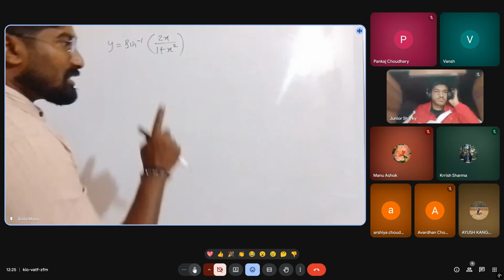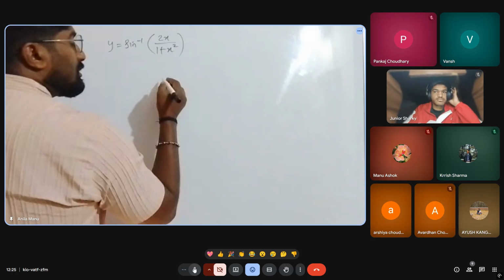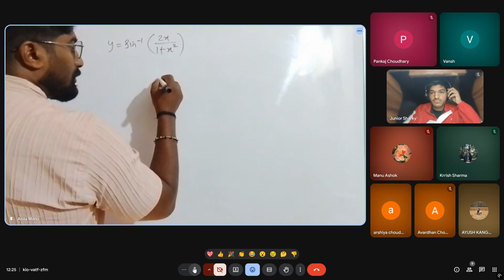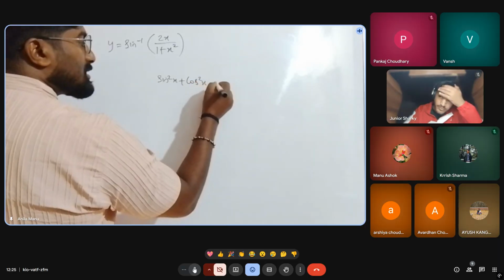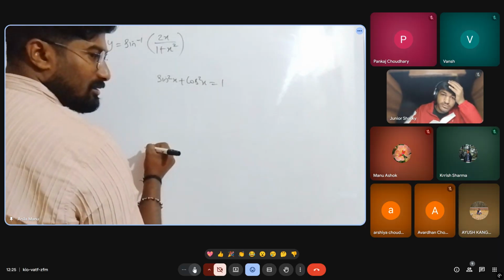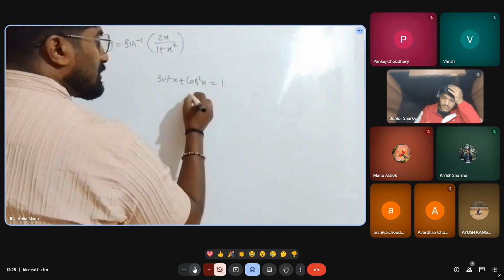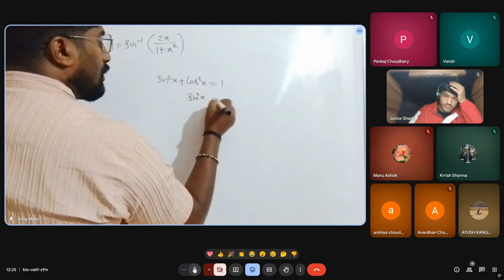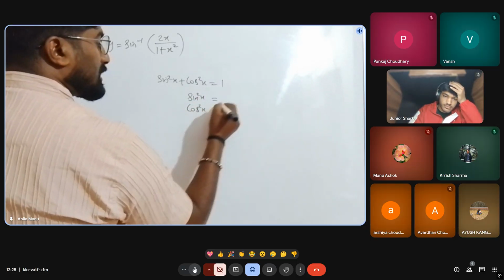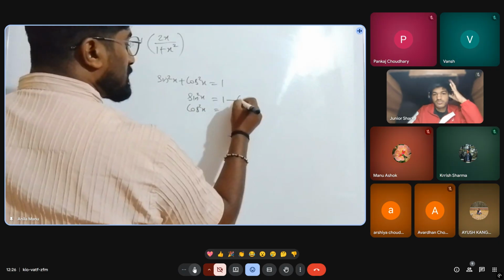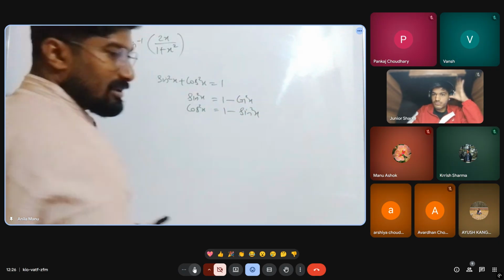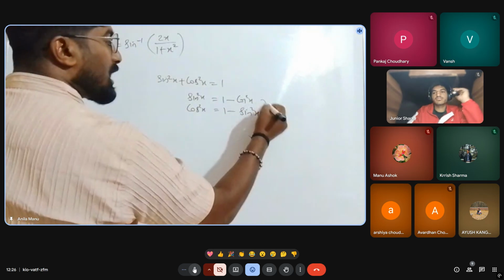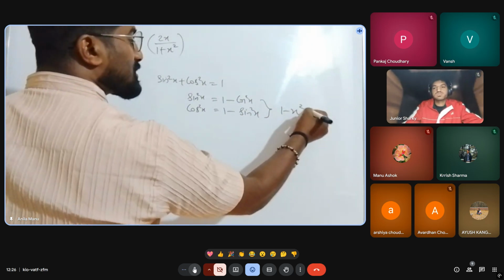So what are the forms you are having? You know that sine square x plus cos square x is equal to 1. From this, either sine square x or cos square x you can express as 1 minus cos square x or 1 minus sine square x. That means the algebraic form of this is 1 minus x square.